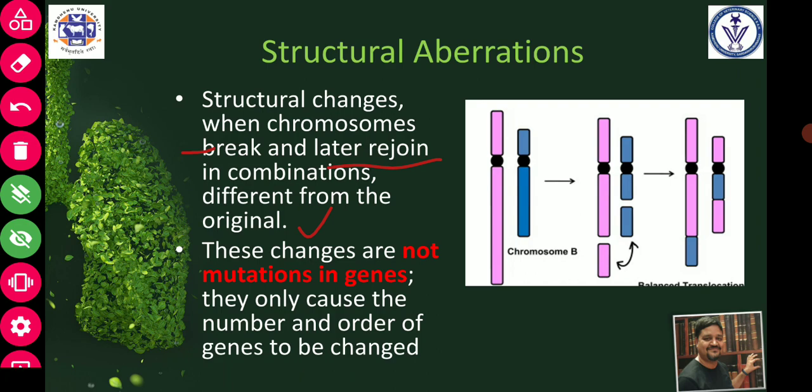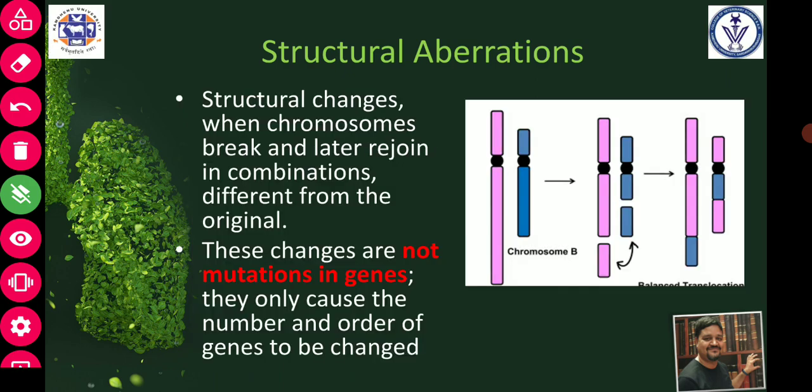And we have to remember that structural chromosomal aberration is not a simple mutation. It is not a mutation of genes, but it is a rearrangement. It will cause a change in the order of arrangement of genes.